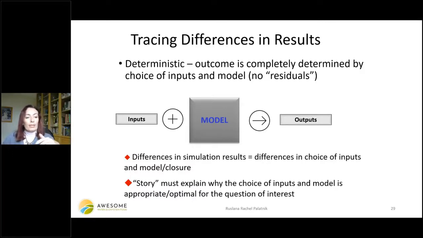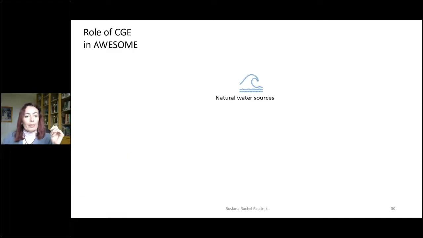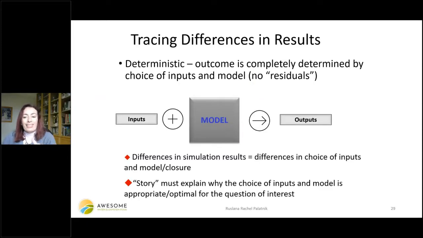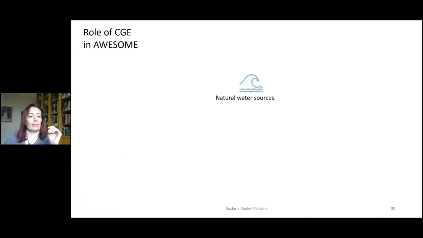And differences in simulation results are basically driven by differences in choice of inputs and model and or the closure rules of the model. Now, the story must explain why the choice of inputs and model is appropriate or optimal for the question of interest. So now, after we finish the general description, okay, let's go to what we are doing here in Awesome.